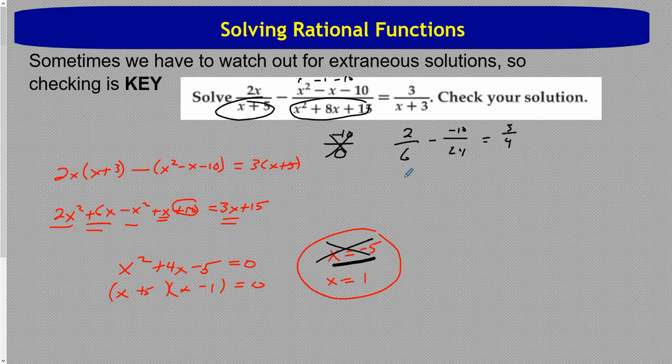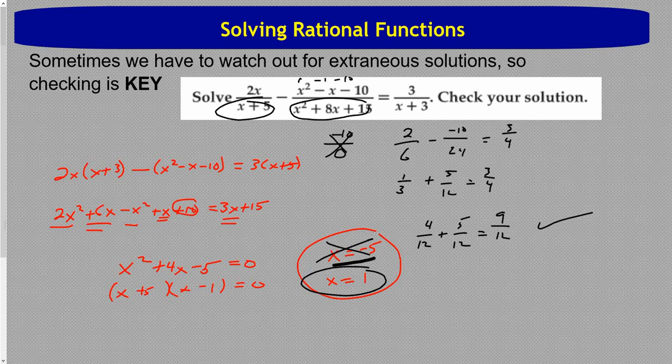So this is 1/3. I'm subtracting a negative, so I'm really adding. If I simplify that, divide by 2, I get 5/12. Looks like 12 will be my common denominator, so I'll multiply this by 4. 4/12 plus 5/12 is equal to, this needs to be 12, so 9/12. 4 plus 5 is 9. It works. X equals 1 is our solution.